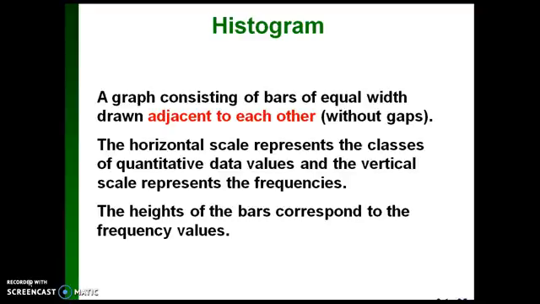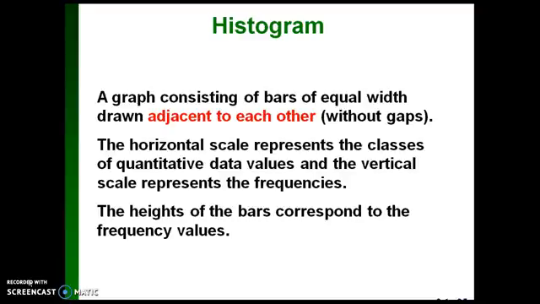When we make a histogram, the bars are going to be touching each other. So no gaps. A bar graph has gaps. Histograms don't. I'm not terribly upset if you draw it with or without the gap. They do mean two different things.